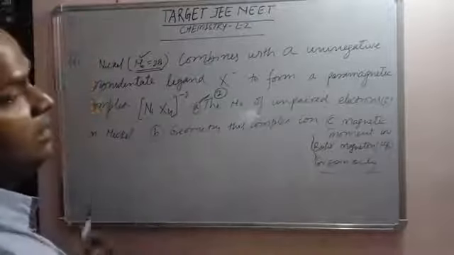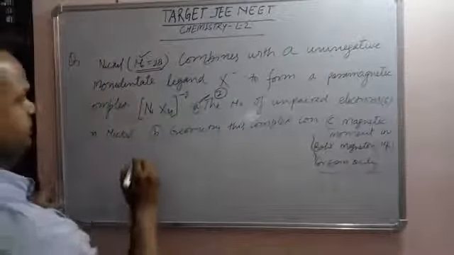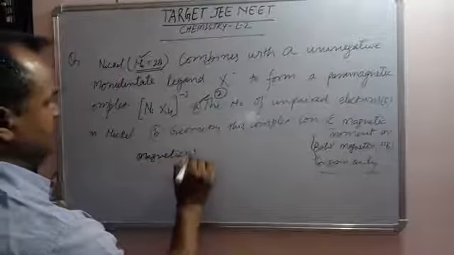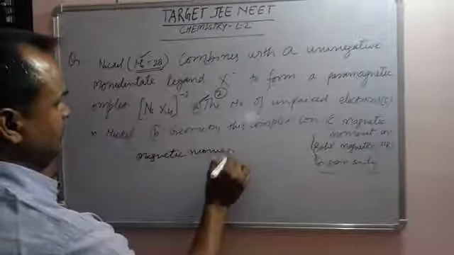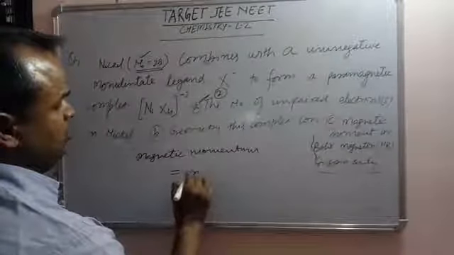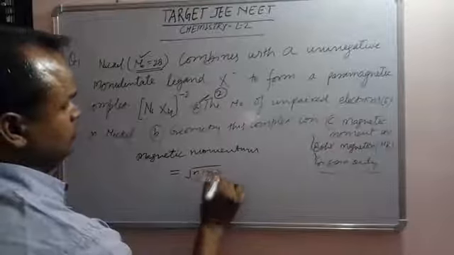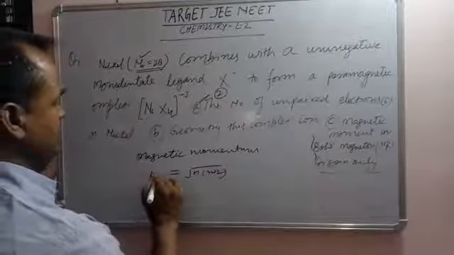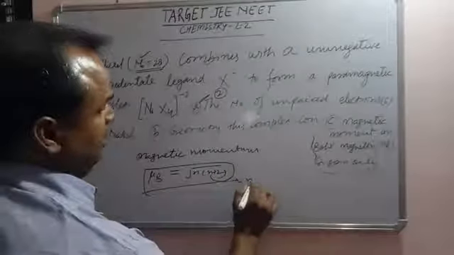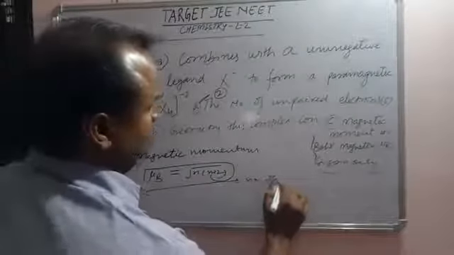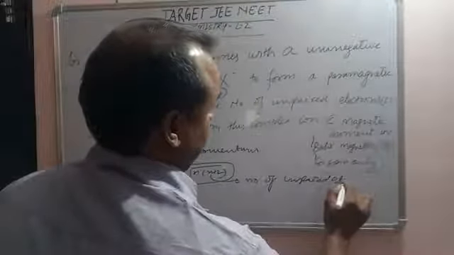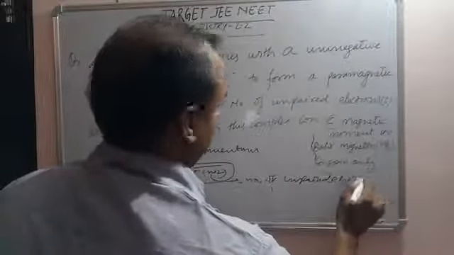Part C is magnetic moment, mu is equal to root of n into n plus 2, that is mu b, where n is the number of unpaired electrons. So write down the value.